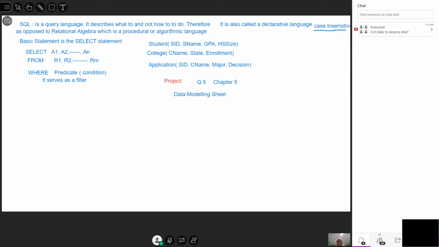Okay, remember that. So once you have the business rules, the second thing you can do is write all the entities. You're going to get all the entities. Once you have all the entities, you have to write their attributes.